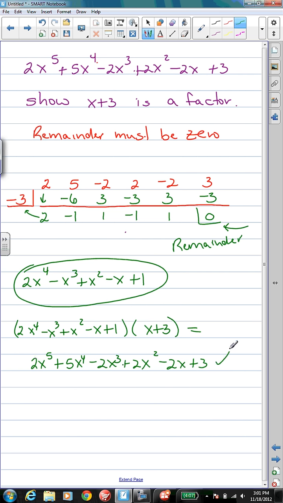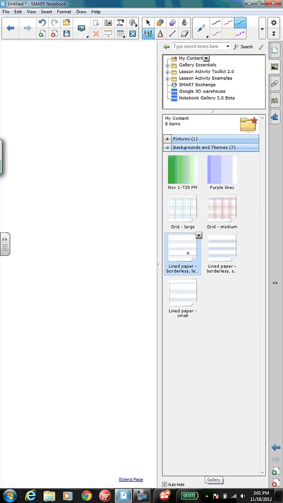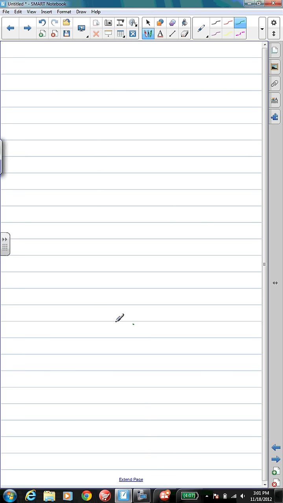Okay, let's do one more. I'm going to take x cubed minus x squared plus 2x plus 4, and I'm going to divide it by x minus 2.